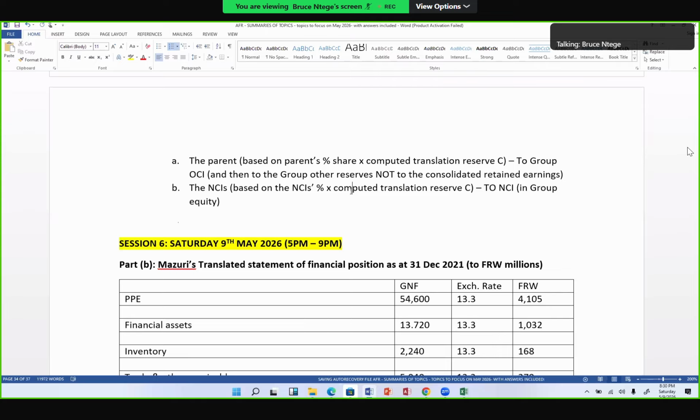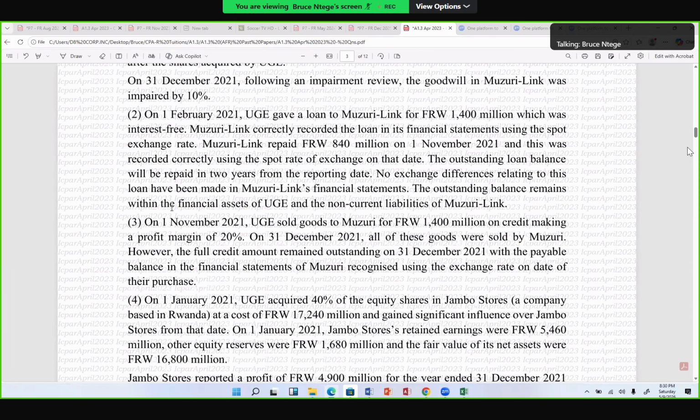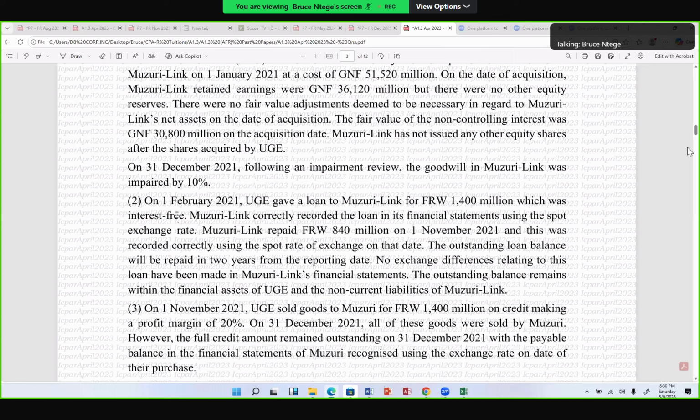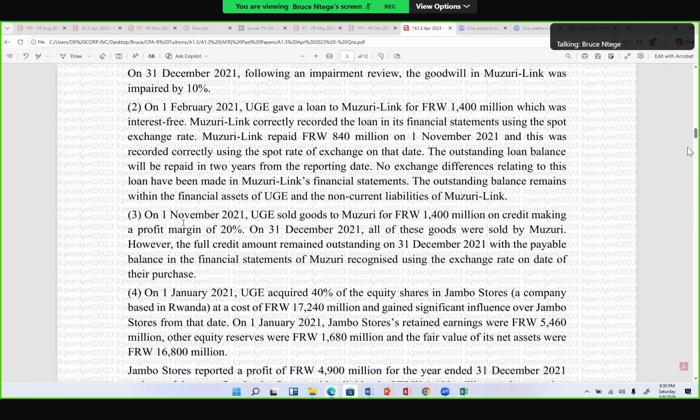The third thing you've done is that even while you had this subsidiary, which is in a foreign country, in Guinea, it transacted with the parent. So there was an intra-group transaction in number 2, the loan, or in number 3, the sale of goods. The financial statements of that subsidiary in its Guinean francs must suffer an exchange difference when retranslating that monetary item, the loan balance or the payable balance.